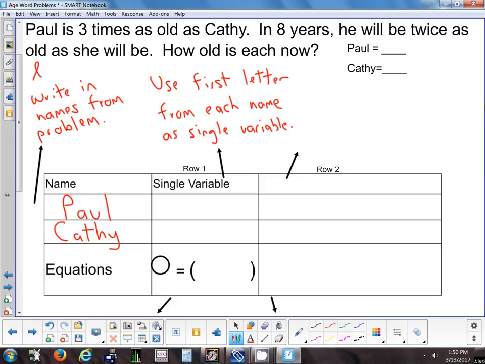So how would I represent Paul? Yeah, just P. I'm going to do it as a lowercase, not an uppercase. And then what about Kathy? C. When I'm looking in this first column, it's always going to be dealing with the present.